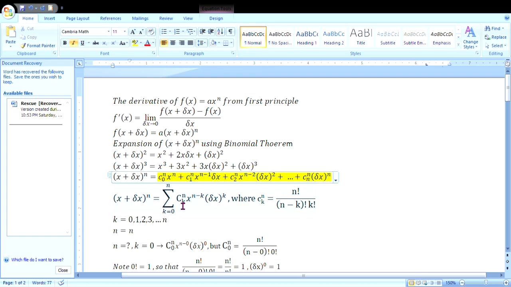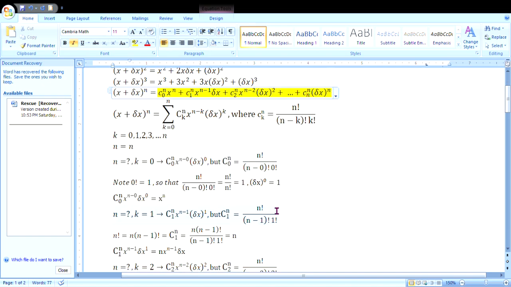Now let's use this binomial expansion to expand this expression here. Quickly, if we're looking at the case here, summation k is equal to 0, where k is moving from 0 to n. From here, n is equal to n as well. N combination k simply means n factorial divided by n minus k factorial times k factorial.